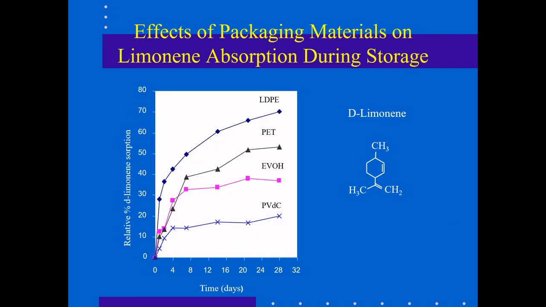Now, this graph shows the absorption of D-limonene by different packaging materials. We have 4 different packaging materials here: LDPE, low density polyethylene, polyethylene terephthalate, EVOH, and PVDC.